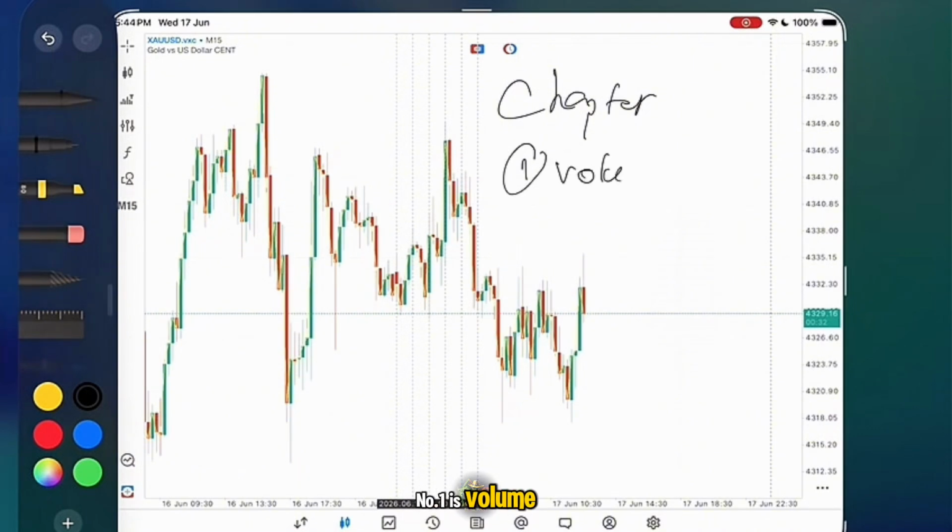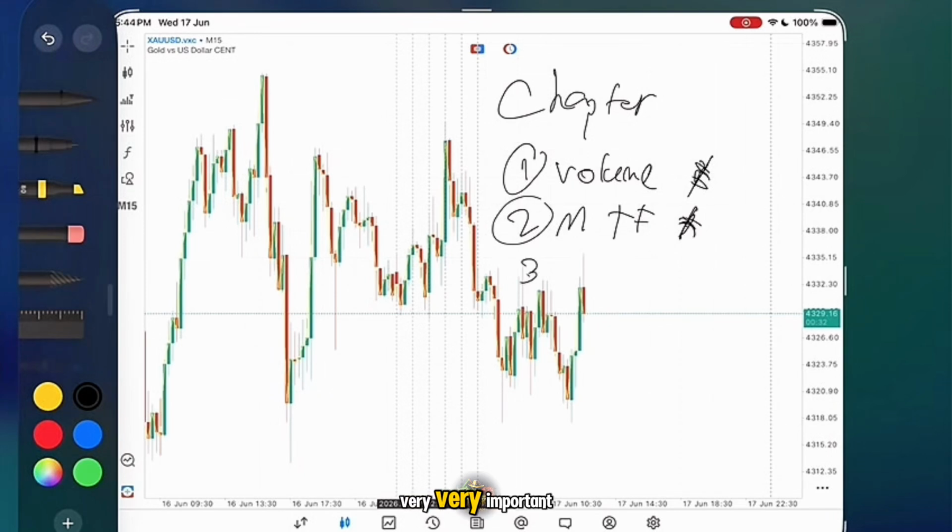one is volume. How to identify volume. Number 2 is multi-timeframe. Multi-timeframe is really important. Okay? Let's start this also. Very, very important. Number 3 is basically your structure.